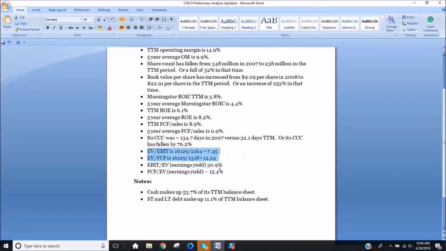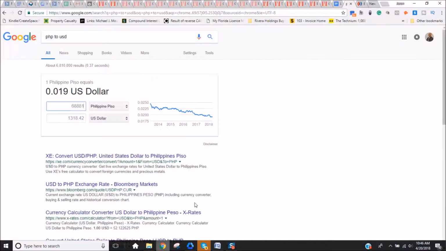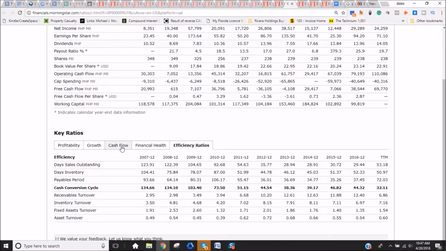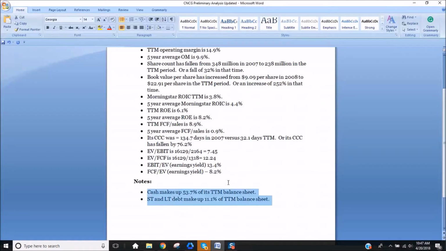164 divided by 13.4% and 8.2%. So I'm going to go back and make some quick notes on the balance sheet. 15.7%.